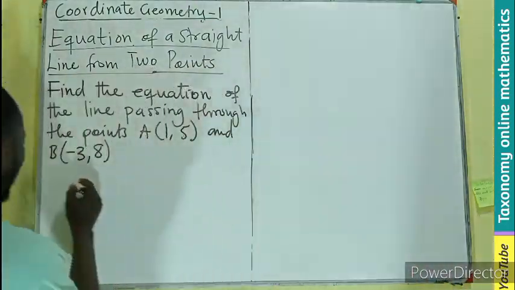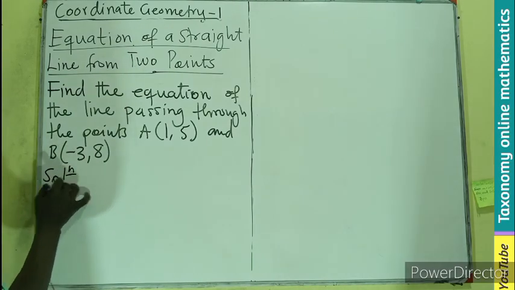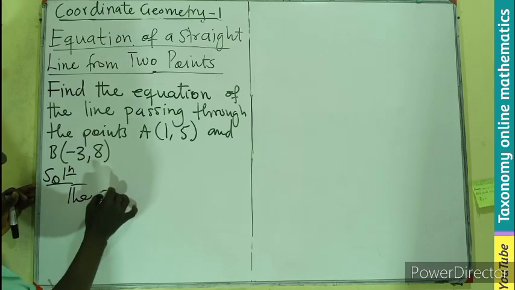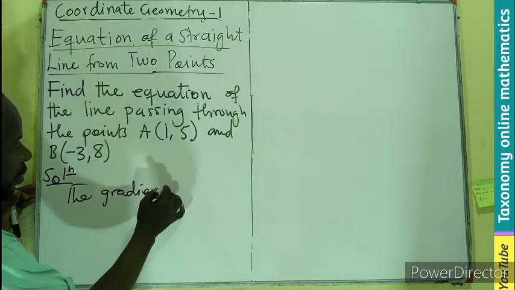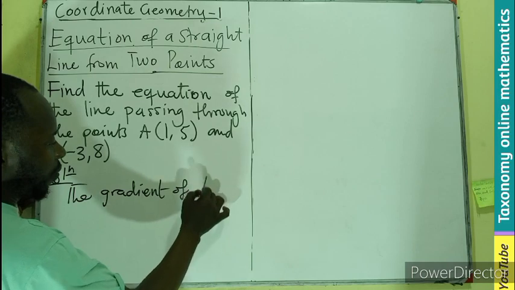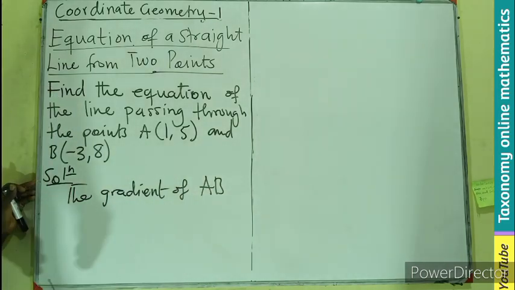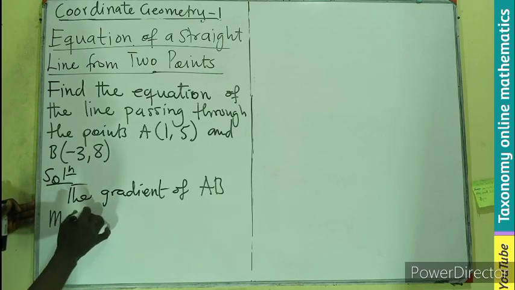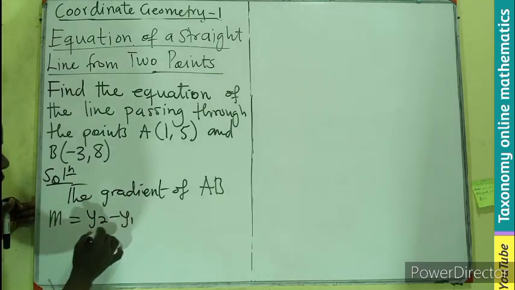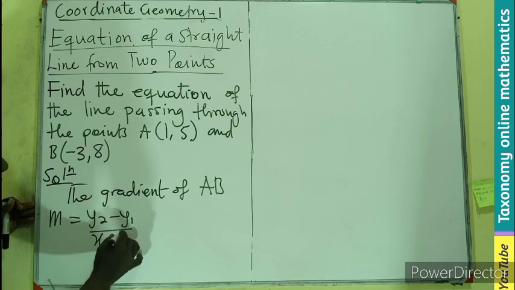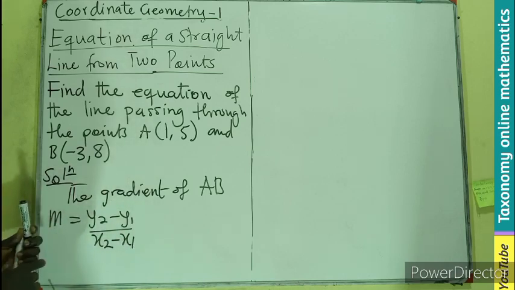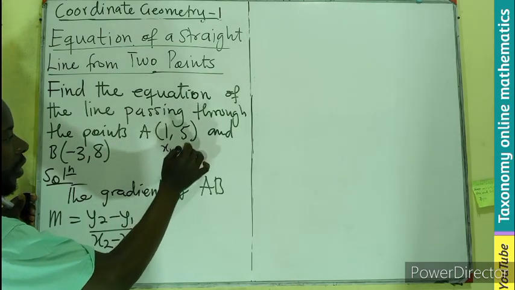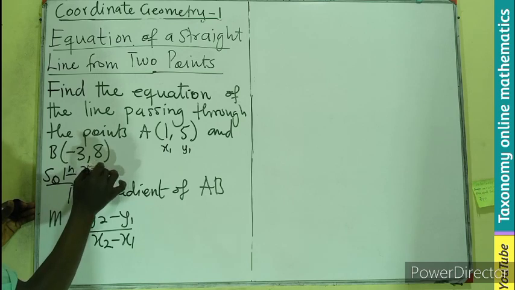The first step is to find the gradient of the line AB, which we know will be m. So let's use m equals y2 minus y1 over x2 minus x1. How do we check which one is the x1? The first point. So this is our x1, y1, x2, y2.